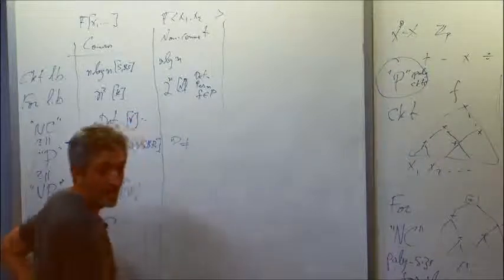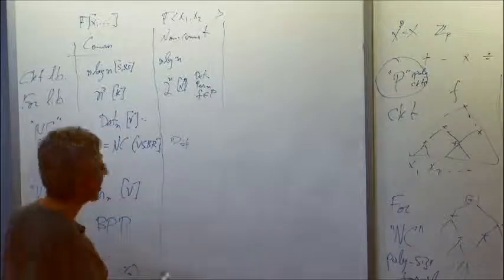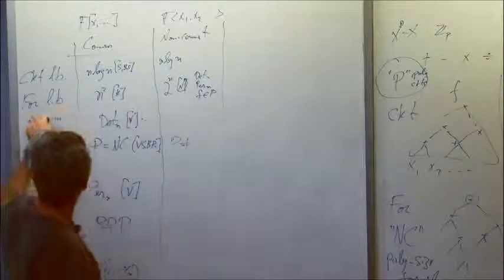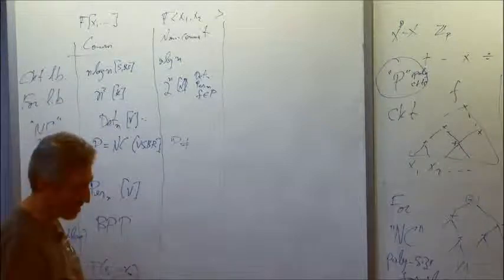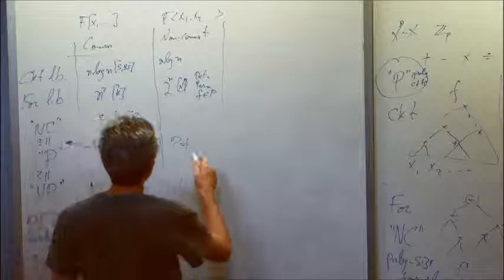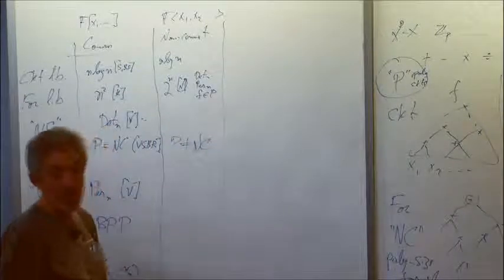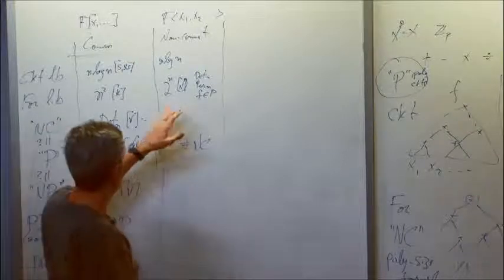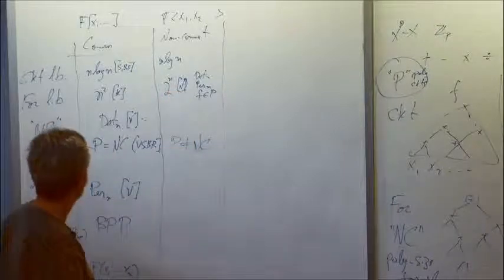No. It's not in NC. These are formula lower bounds. But it's a local question. Yes, exactly. Right, so we have no idea, so let me just write it. We do know this. Right? So formulas are weaker than circuits. But we don't know whether determinant can be, we'll soon say something more about it, but okay.